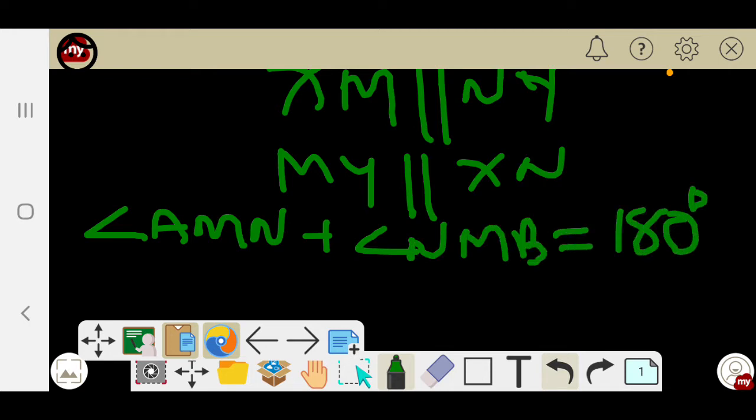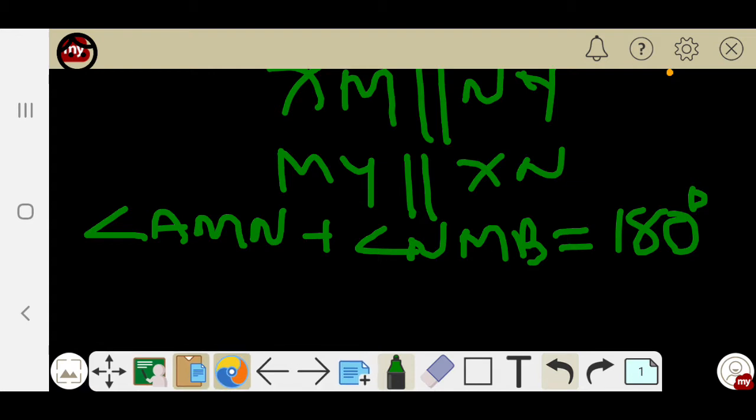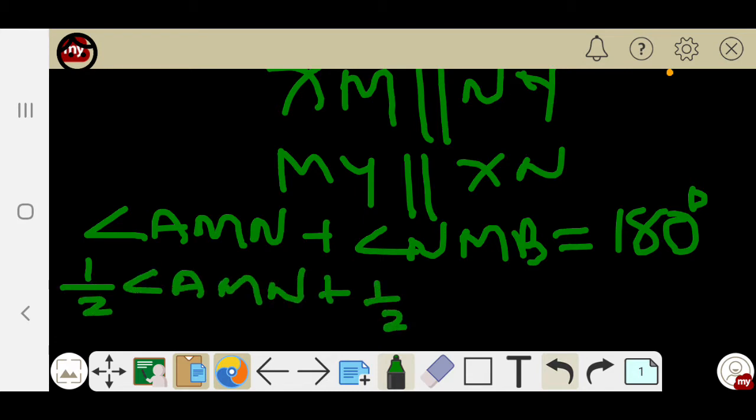Why? They are a linear pair. Then consider the half: half of angle AMN plus half of angle NMB equals half of 180.